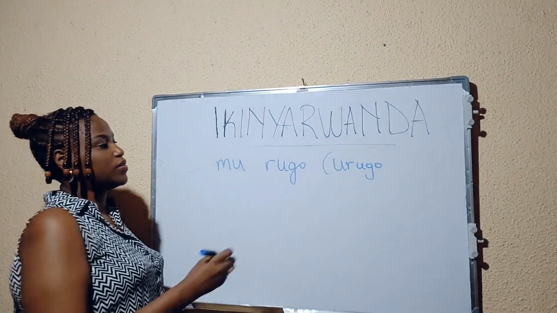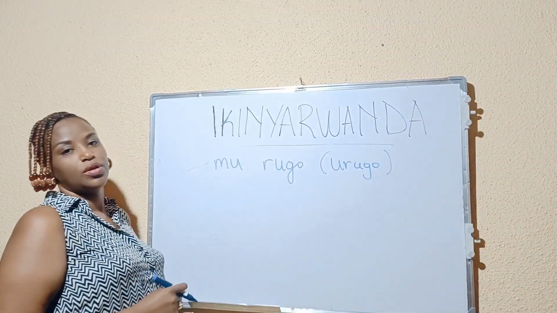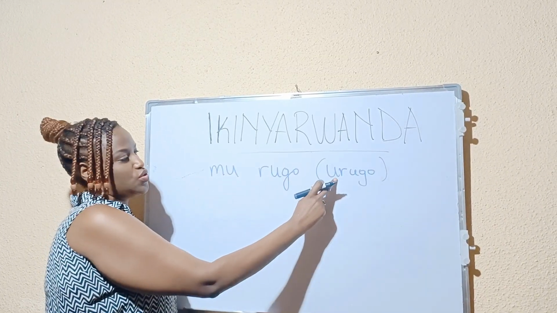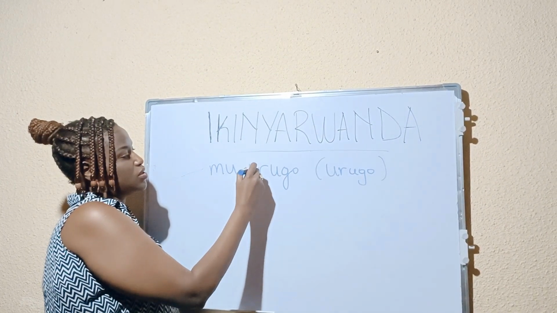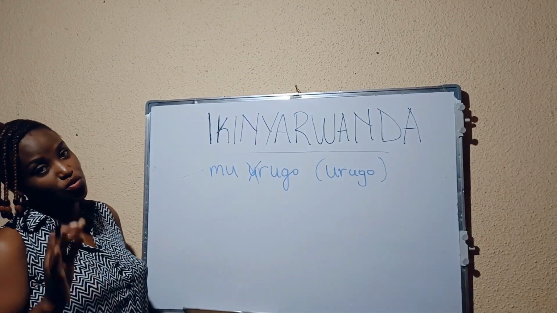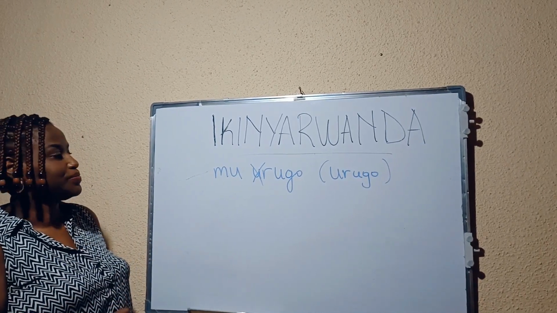Urugo is the word that means home. And murugo is at home. So when you write murugo, you don't write the U here. This U, you drop it. So it's there, but you drop it. Then you read murugo. So you don't write it, you don't read it. So in this case, the vowel U is not there.